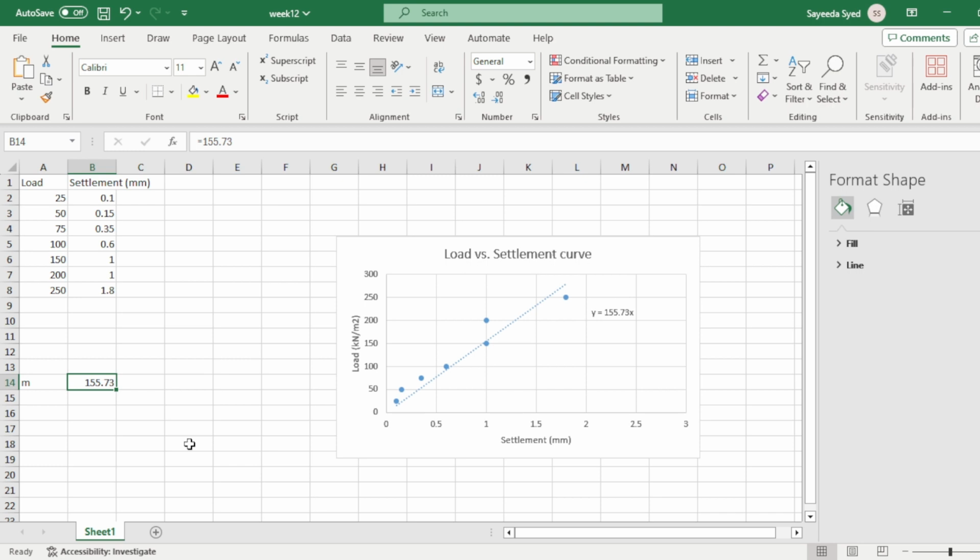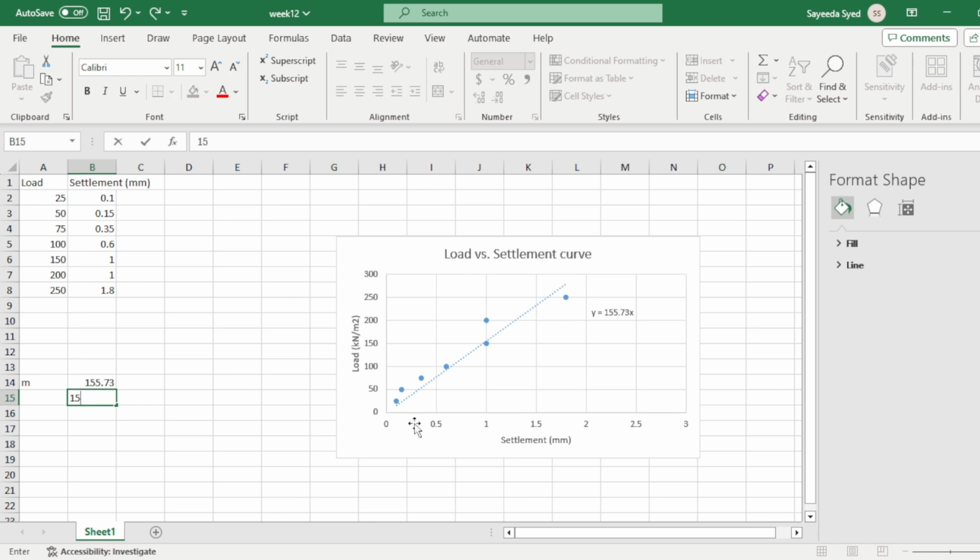So we can write it as, let's do one thing first.